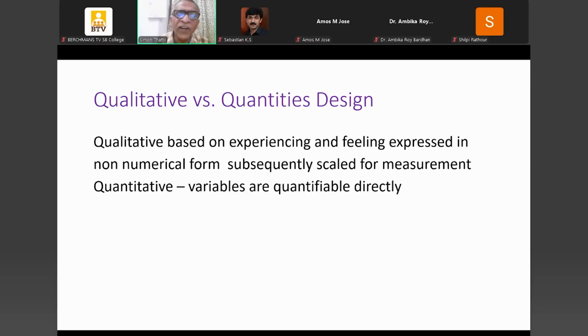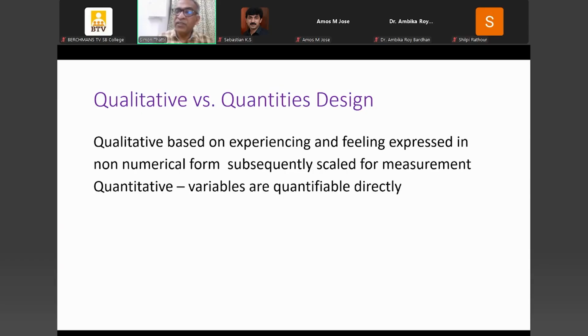But in quantifiable, variables are quantifiable directly. Suppose you're saying age, height, value of assets, investment, savings, or even IQ for that matter. And they have to be reliable in terms of how you measure them. That's where the measurement validity comes.